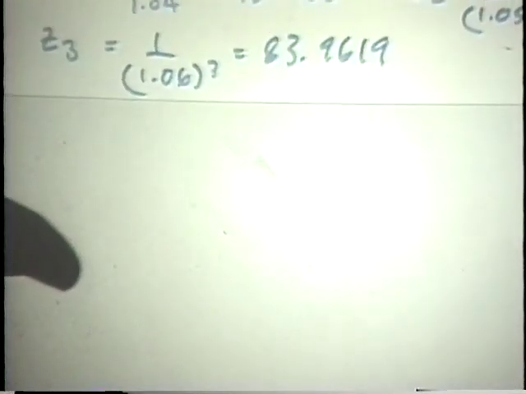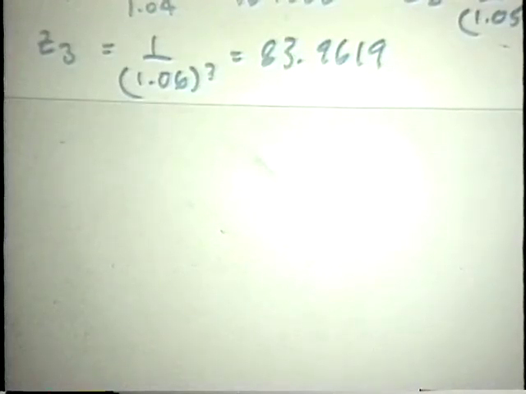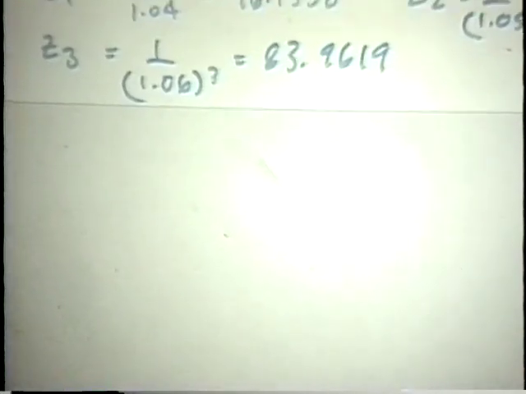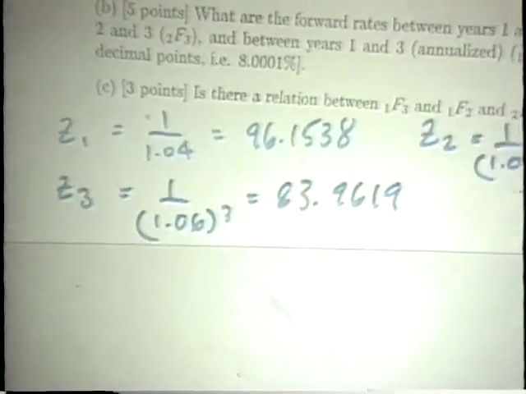And then we're going to do basically the same story that we did in class. We're going to sell the 1-year bond, take the proceeds, and invest in the 3-year bond.